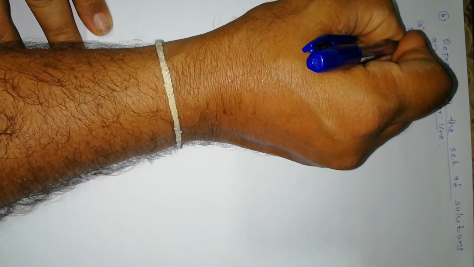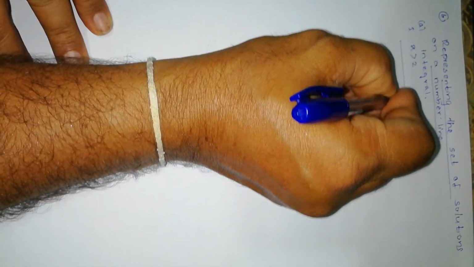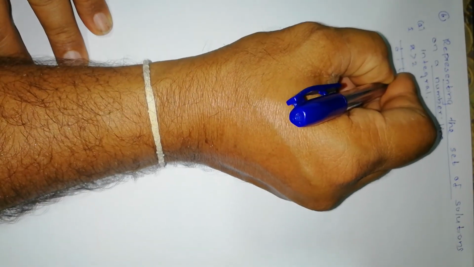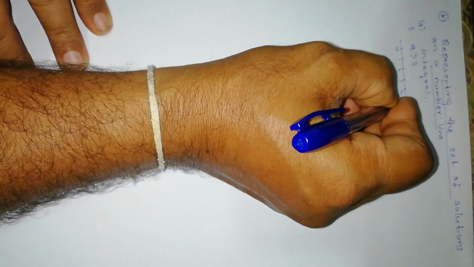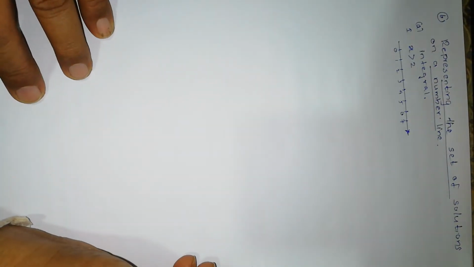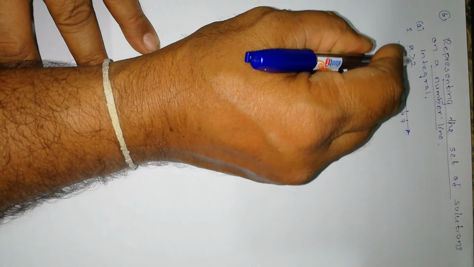First part of this question, x greater than 2. You draw a suitable number line first, children: 0, 1, 2, 3, 4, 5, 6, 7 is enough. Put an arrow at the right hand side corner. X is greater than 2.